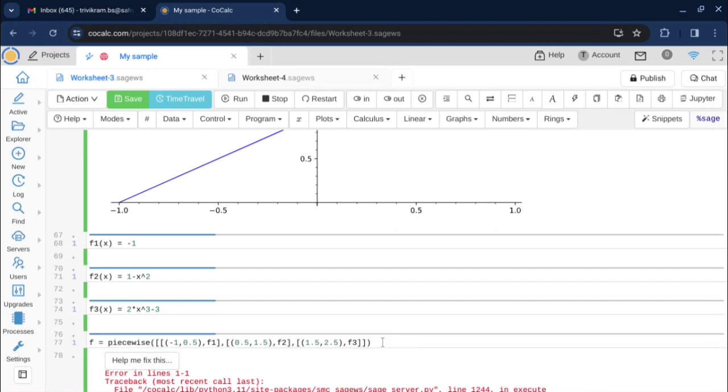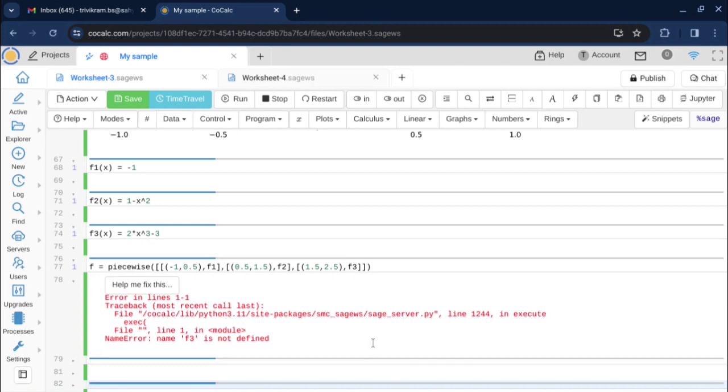Now the piecewise function I am going to define as minus 1 to 0.5 function 1 should appear, 0.5 to 1.5 function 2 should appear, 1.5 to 2.5 function 3 should appear. So let us see the piecewise function. I am going to run this.